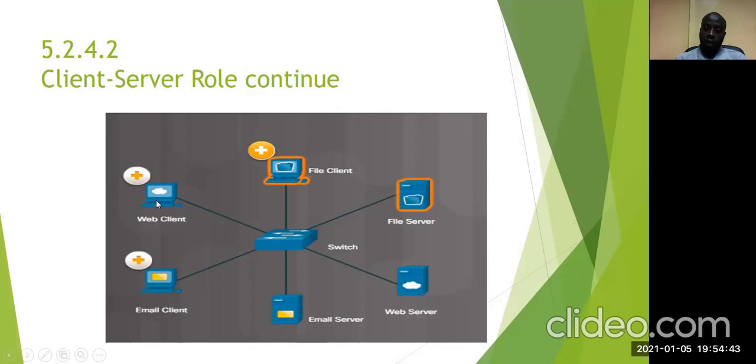The web client can also get information from the web server, and the email client can fetch email from the email server. And if this client wants to get files, access the web, and email, there must be a router in between that can do the routing.